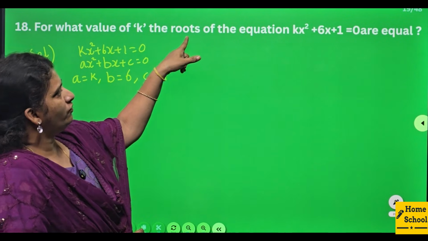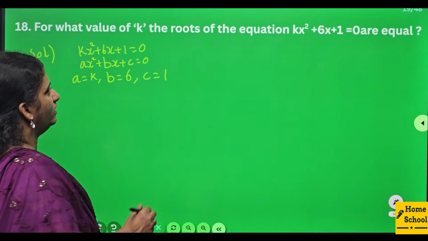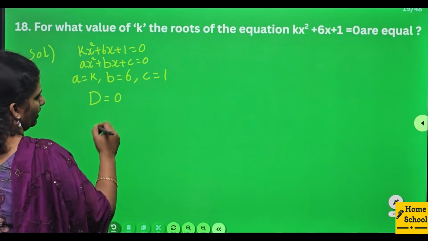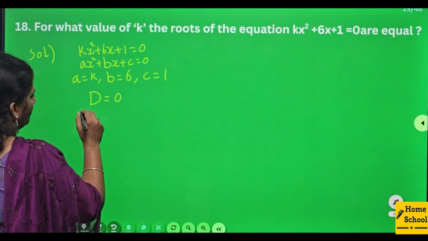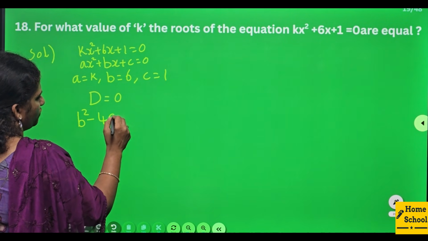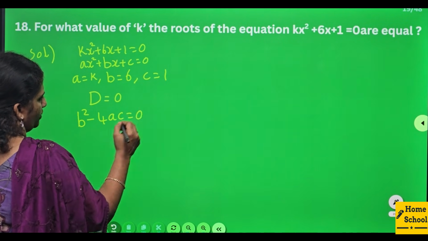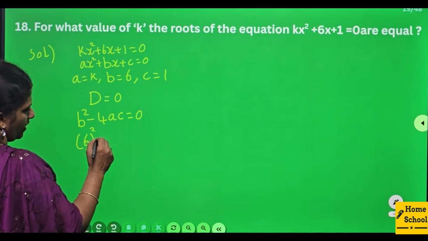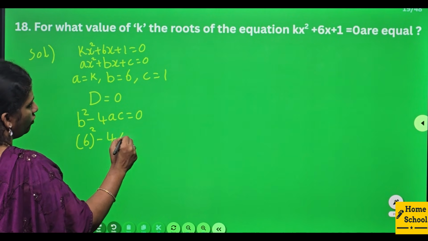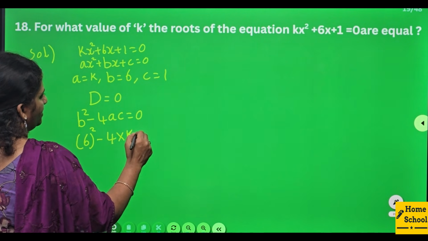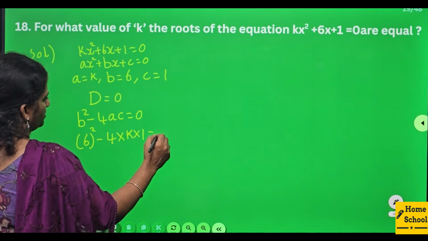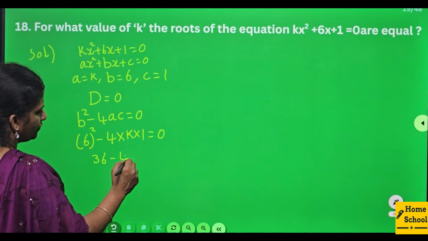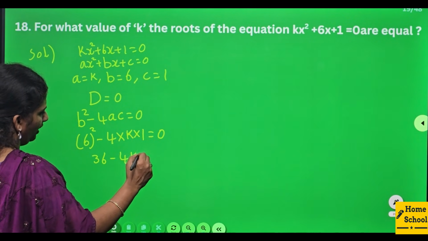The value when the roots are equal means discriminant, capital D, equal to 0. Discriminant value is b square minus 4ac equal to 0. Substitute the values. B value is 6 whole square minus 4 into a value is k, c value is 1, equal to 0. 6 6s are 36 minus 4k into 1 is 4k.